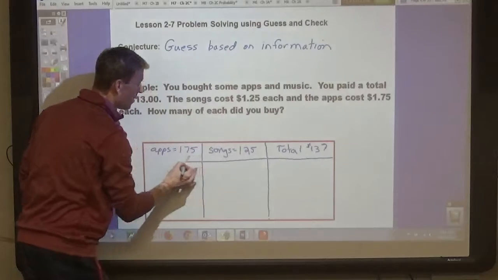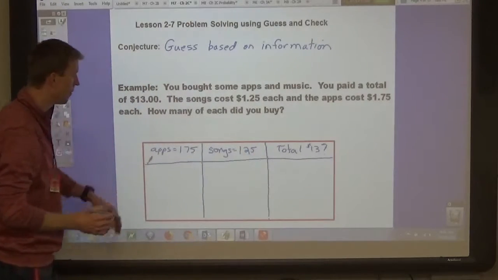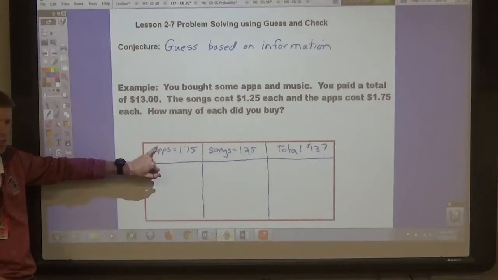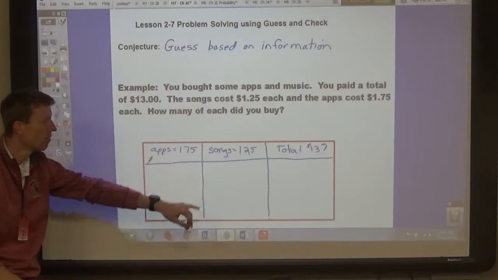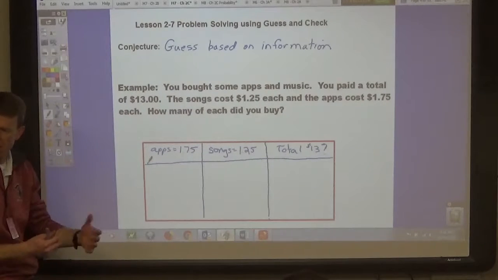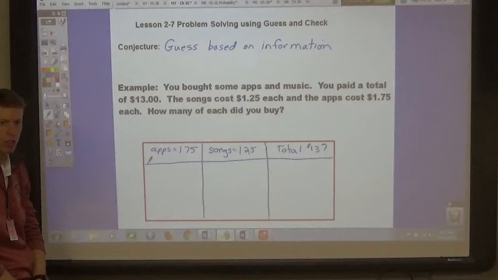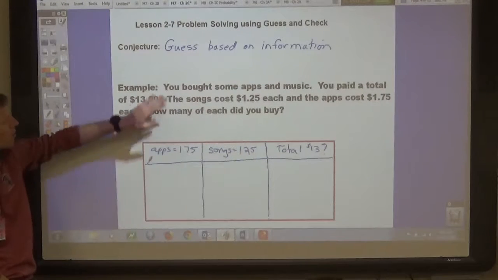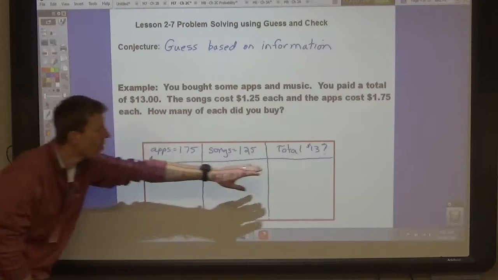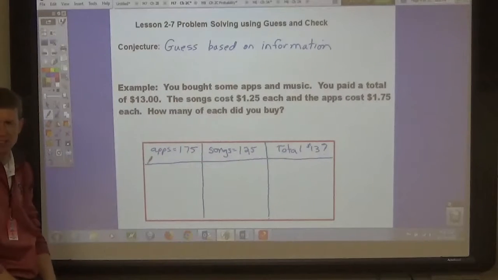So when we make these guesses, we'll have to figure out how many of each, and then add them up and see if that equals our total. Now, by an informed guess, we know that we only spent $13.